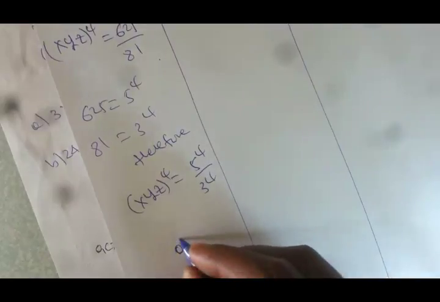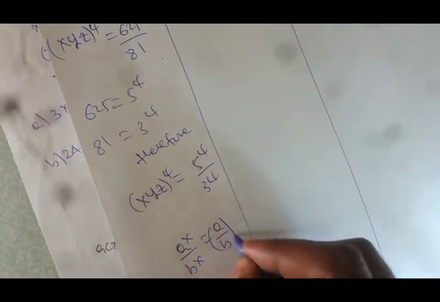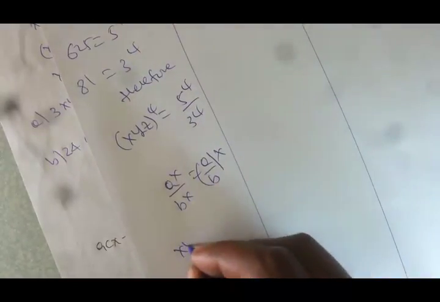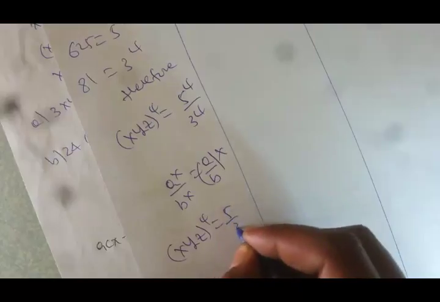And we know that a^x over b^x can be written as (a/b)^x. Therefore, (xyz)^4 is equal to (5/3)^4. Taking the power 1/4 on both sides, this cancels, and we get the absolute value of xyz is equal to 5 over 3.